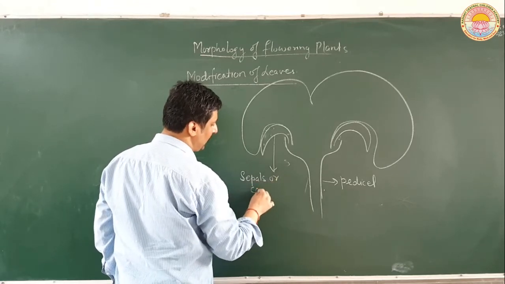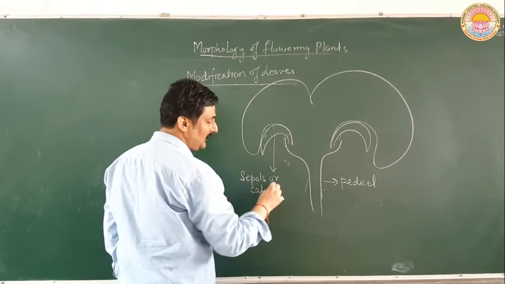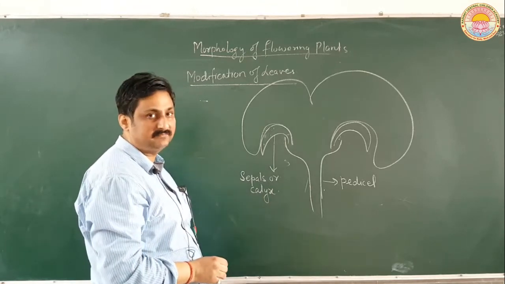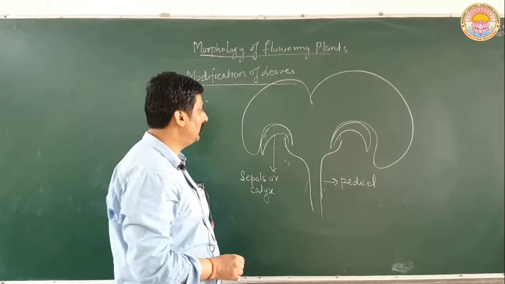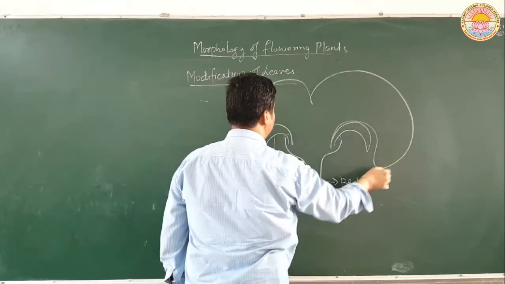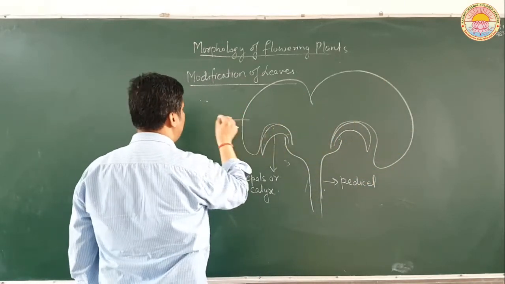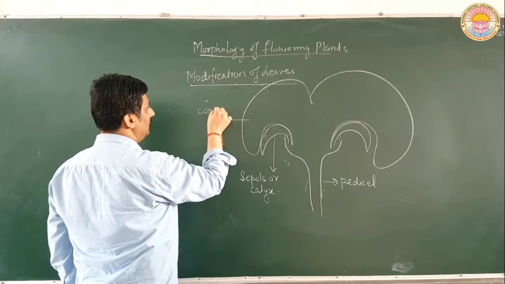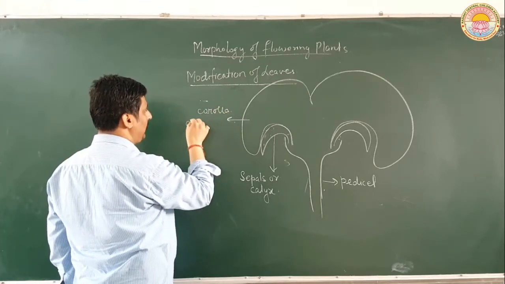It is normally green in color. This portion, the main flower, is called the corolla or petals.